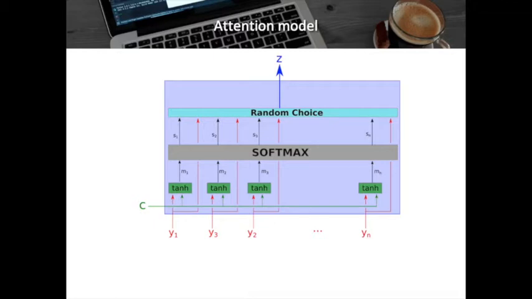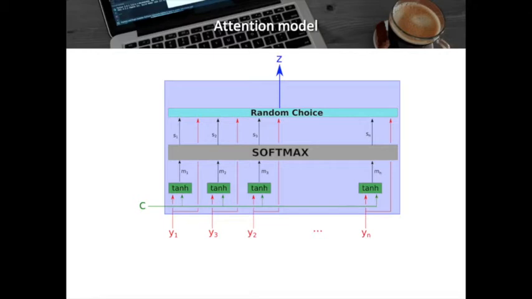Therefore, it's a differentiable deterministic mechanism, which we can use to plug into an existing system, and the gradients are propagated through this attention mechanism, a black box, while they're also being propagated at the same time through the rest of the entire network.